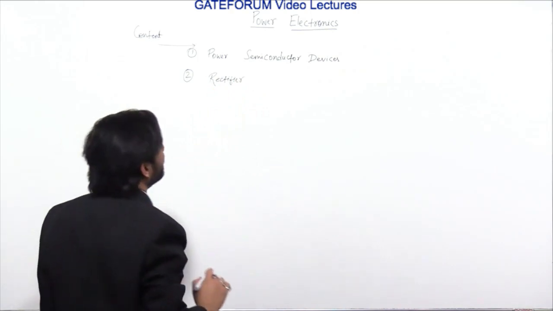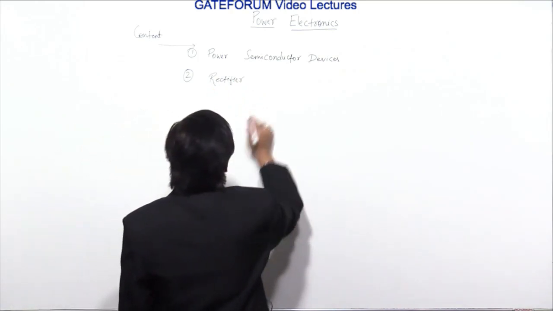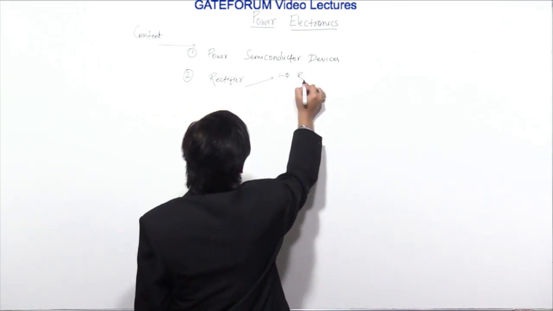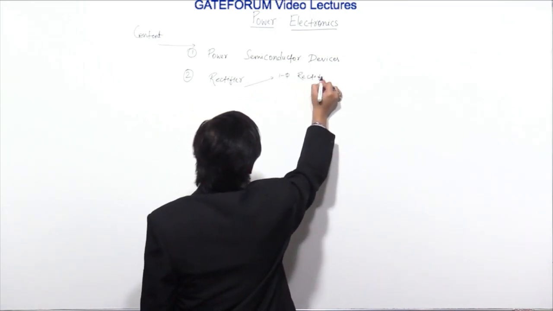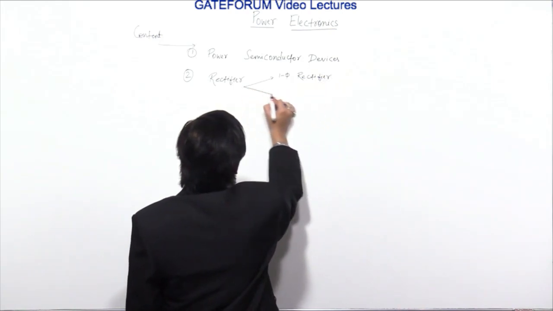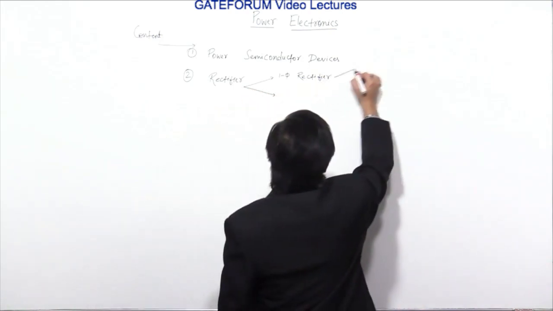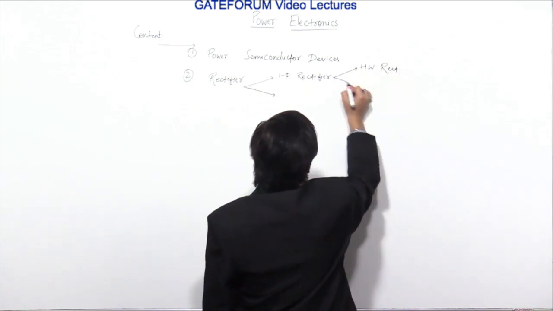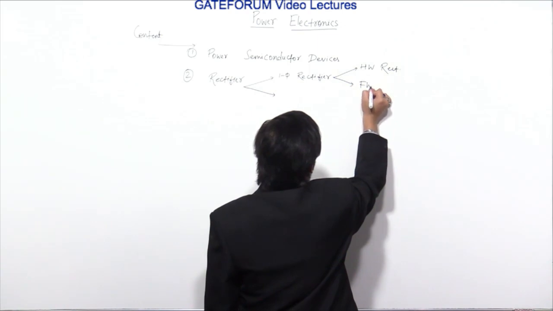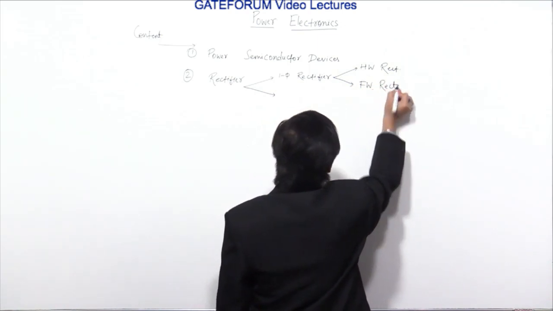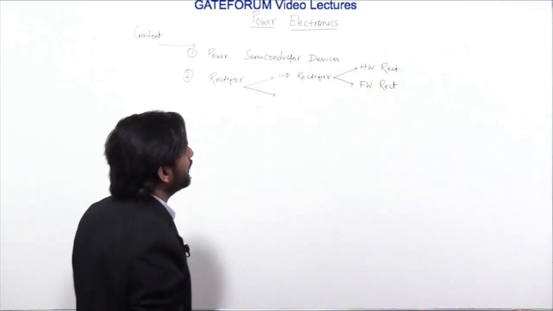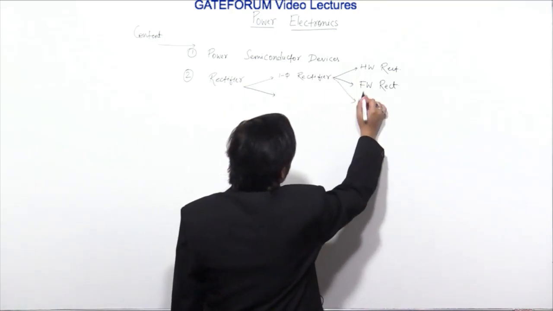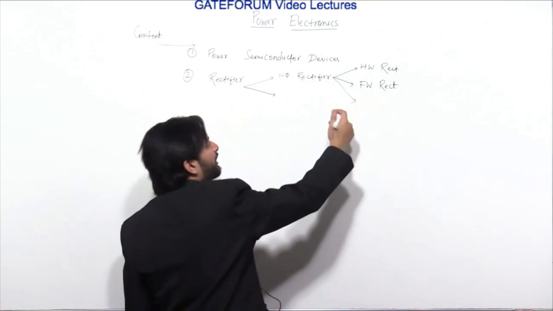In the rectifier part, I'll be covering the single phase rectifier: single phase half wave rectifier, single phase full wave rectifier, and also the single phase full wave bridge rectifier and full wave midpoint rectifier.